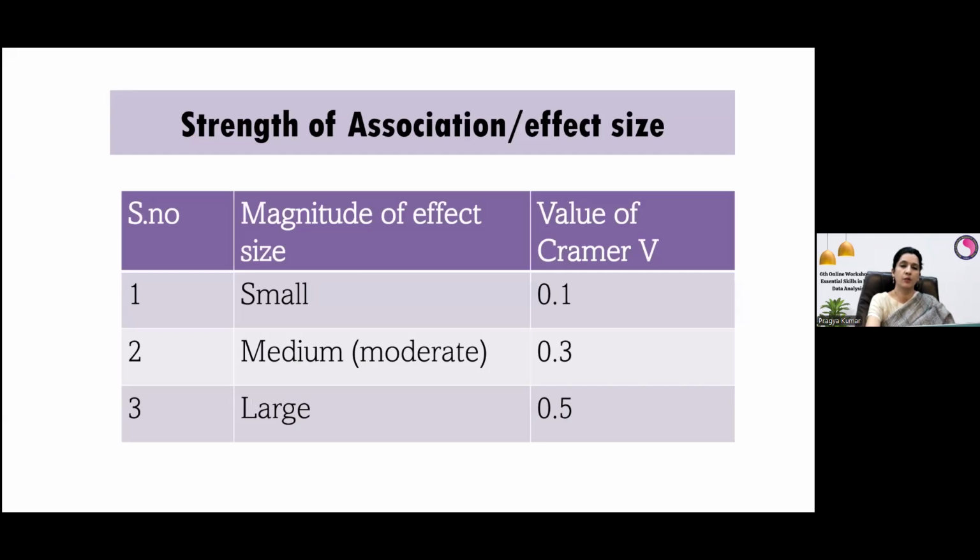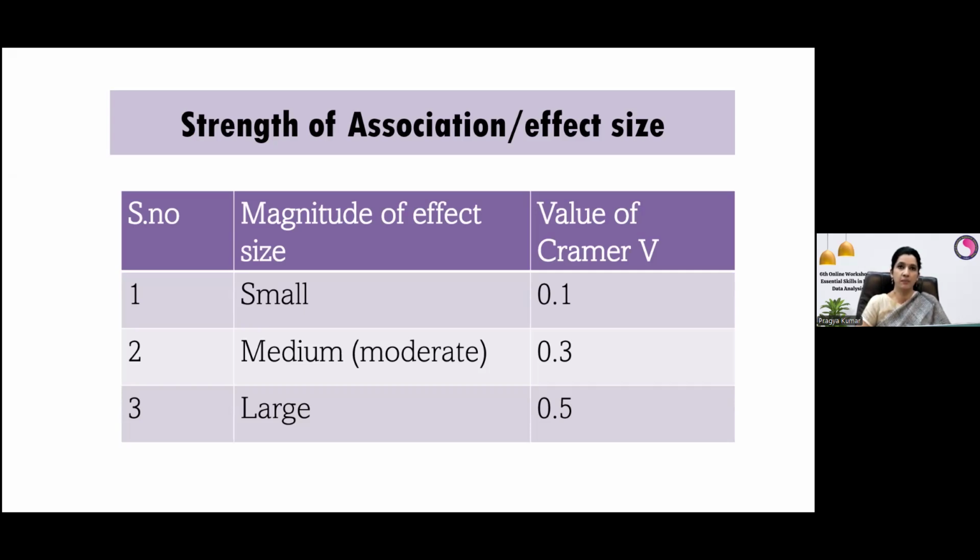Now there is something known as the strength of association. What is this strength of association? This is also known as phi or Cramer's V, or the effect size in chi-square. If the value of phi or Cramer's V is 0.1, it is a small association.